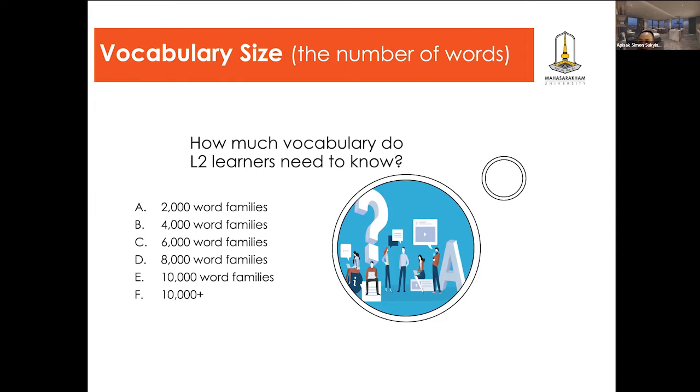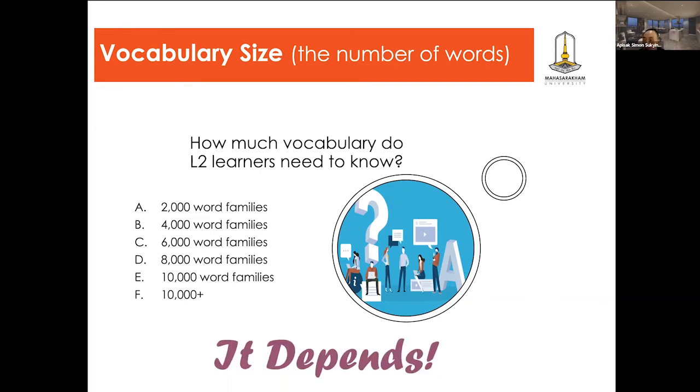Let's guess, everyone. 10,000 or more. Okay. What about others? 6,000. Okay. 8,000. 10,000. Okay. 2,000. Okay. So the answer, I would say, is that it depends.